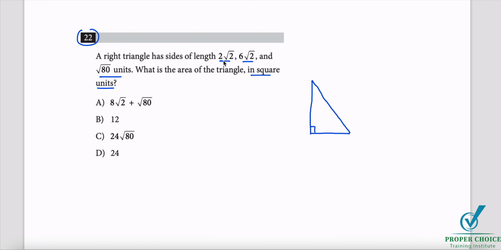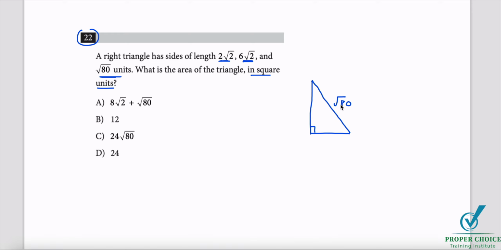Among 2 square root of 2, 6 square root of 2, and square root of 80, which one is the longest? You can see that square root of 80 is the longest, because it is approximately 9.